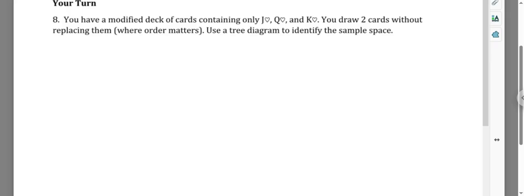Since we're all dealing with one suit, you don't necessarily have to have the hearts on there. I would be fine with that. If you're dealing with more than one suit, then you would need to have the symbol or something as a subscript to identify what it is. So first, you can pick one of those 3 cards. So if you pick the Jack first, what does it leave you to pick from next?